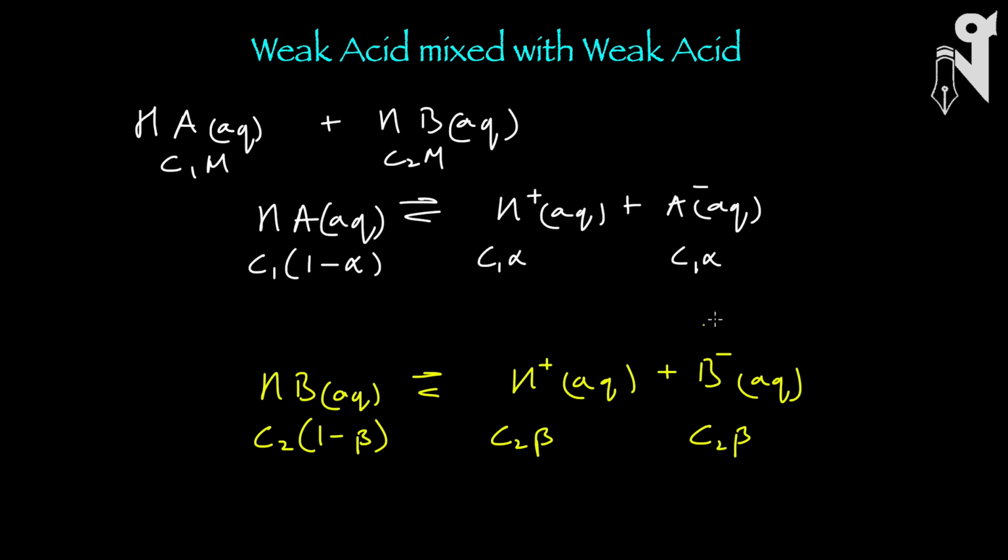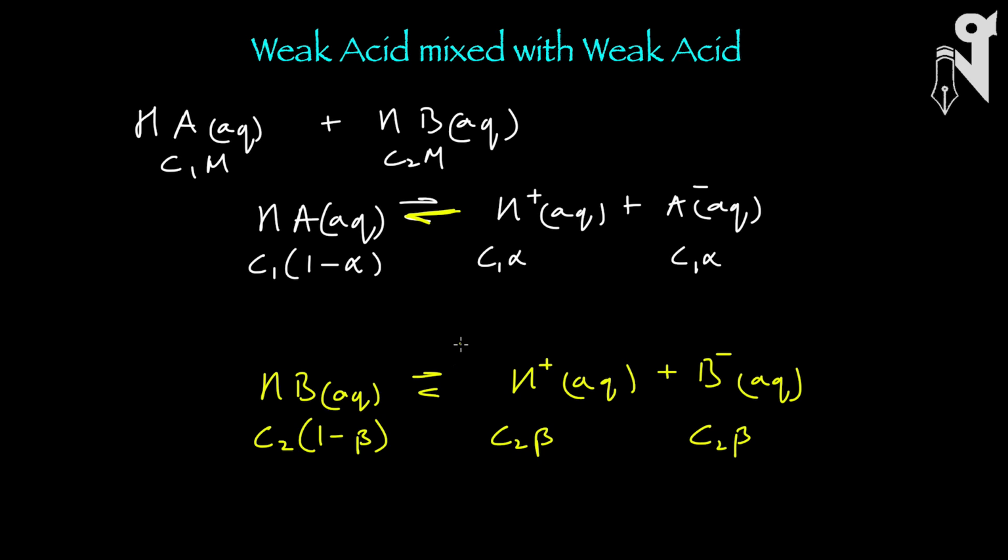Now for the Ka value of either acid HA or HB, the Ka value will not consider the contribution from its own molecule only. It will see the contribution from everywhere. So will the equilibrium be suppressed? Like last time, the weak acid's equilibrium was pushed backwards from its normal dissociation because of the presence of H plus from HCl.